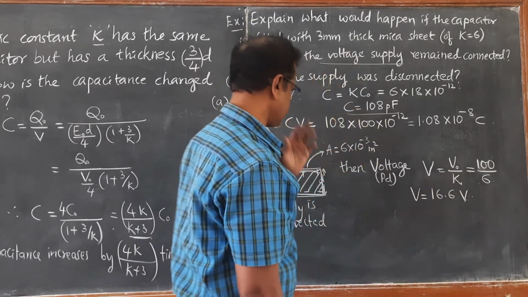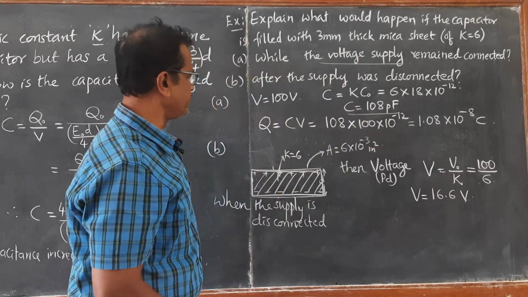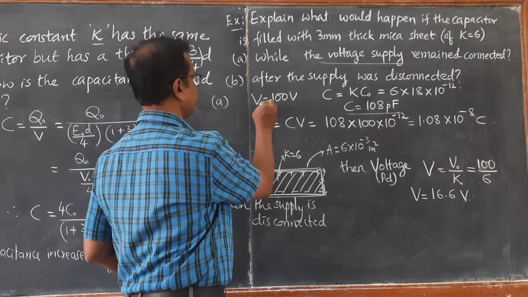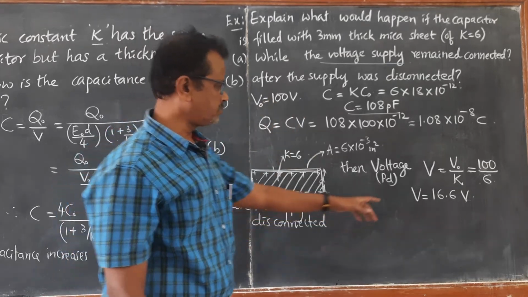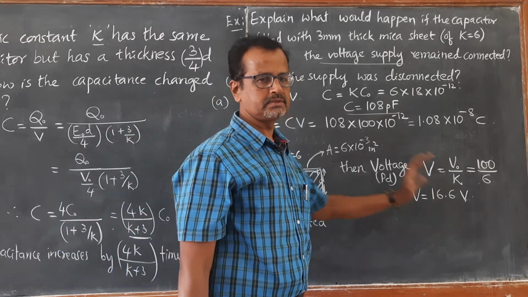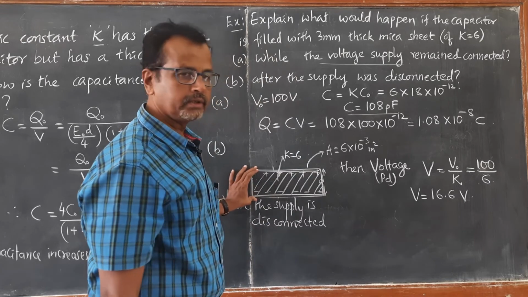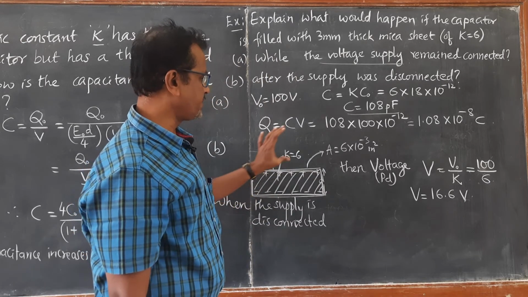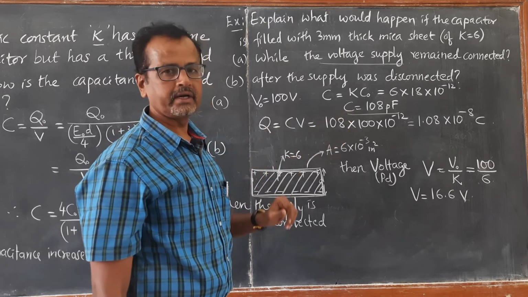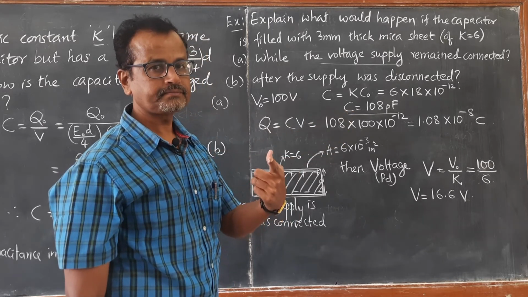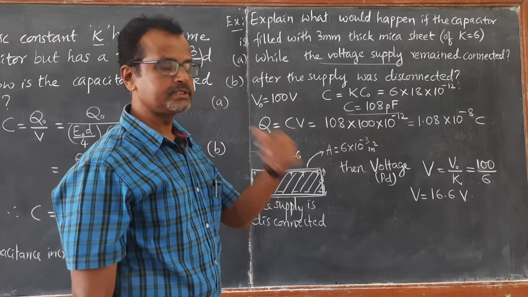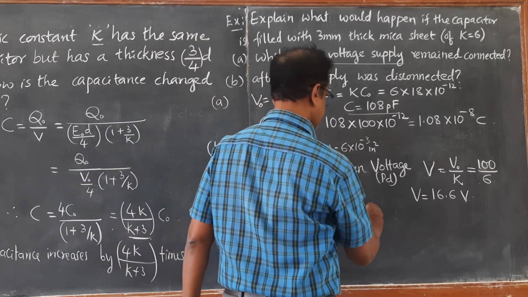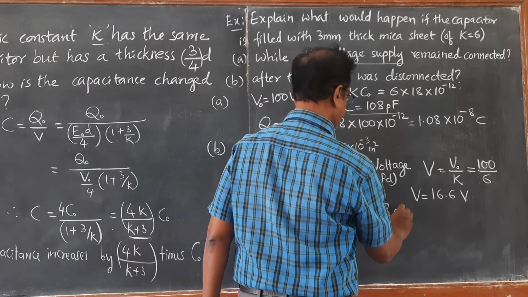So that is the voltage. Once you get the voltage V, the earlier one you can take as V naught, and now this is V, 16.6 volt. When the voltage is reduced to 16.6, the capacitance is already 108 picofarad. What happens to the charge? C is equal to 108 picofarad.